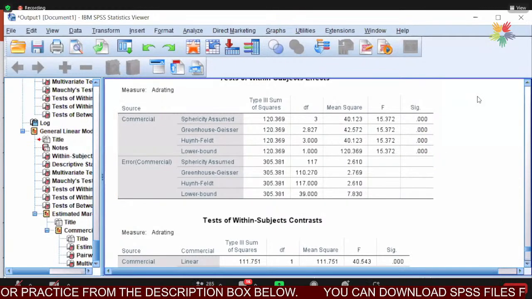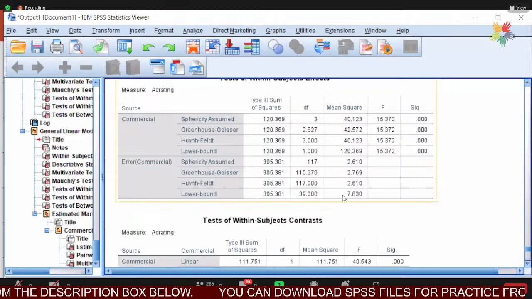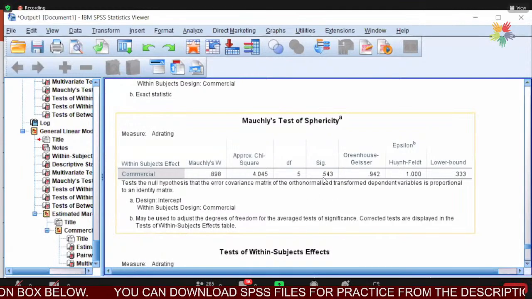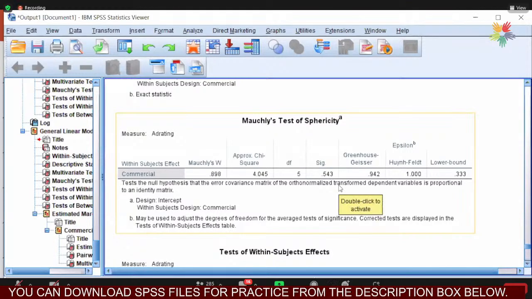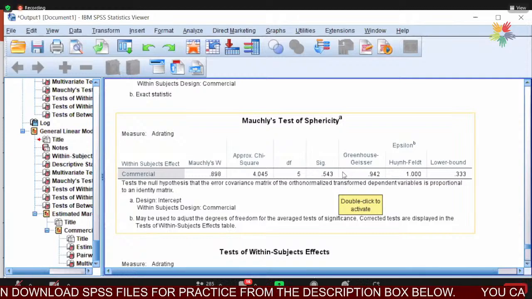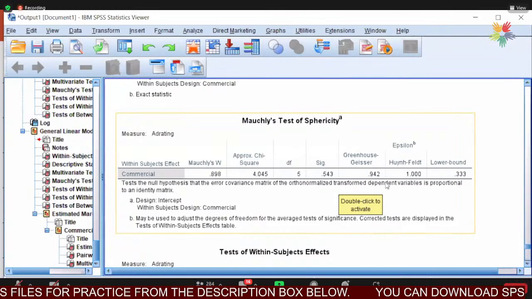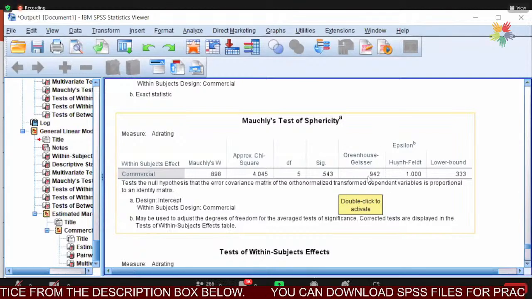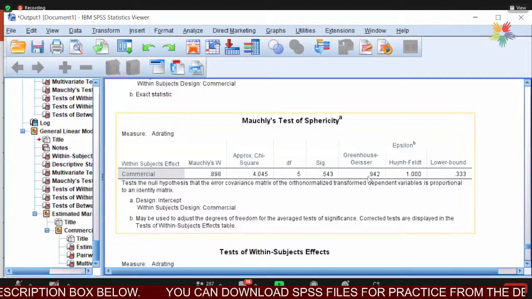Suppose this value is less than 0.05, then sphericity is not assumed. Then we have to look at the Greenhouse-Geisser. When this Greenhouse-Geisser is less than 0.75, then we have to use the Greenhouse-Geisser.